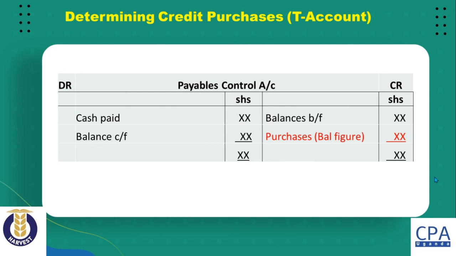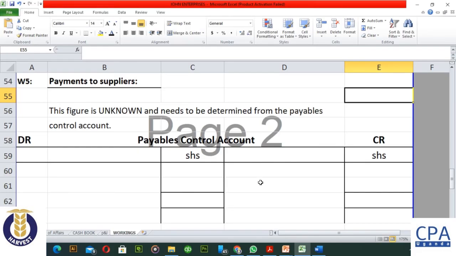You'll be able to appreciate the fact that the opening balance, balance brought forward, is on the credit, balance carried forward is on the debit. The cash paid is on the debit, and the purchases figure, the credit purchases figure, is on the credit. Though this time round we are not looking for the credit purchases, we are looking for the cash paid to the suppliers. So this will help you in determining various figures that are unknown.